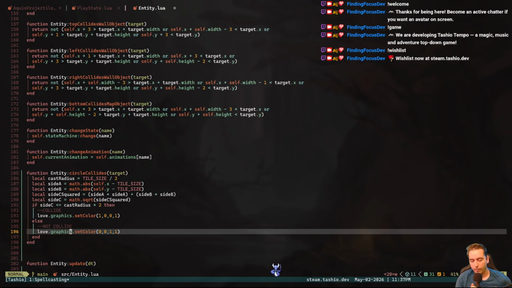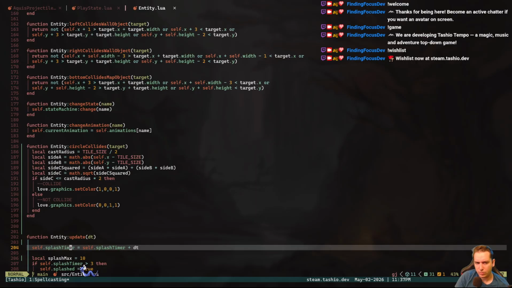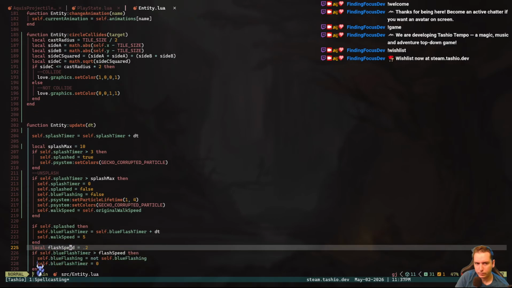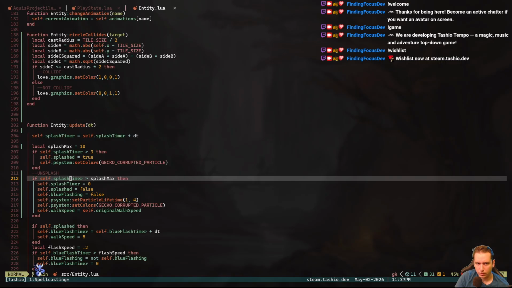Okay, so I think if this is just setting the color, we need to add this method call right around the projectile logic. But we do have this function circle collides now. Would we do this in the render?